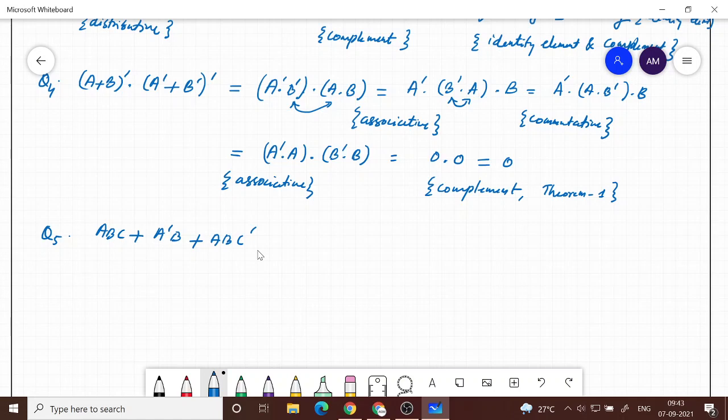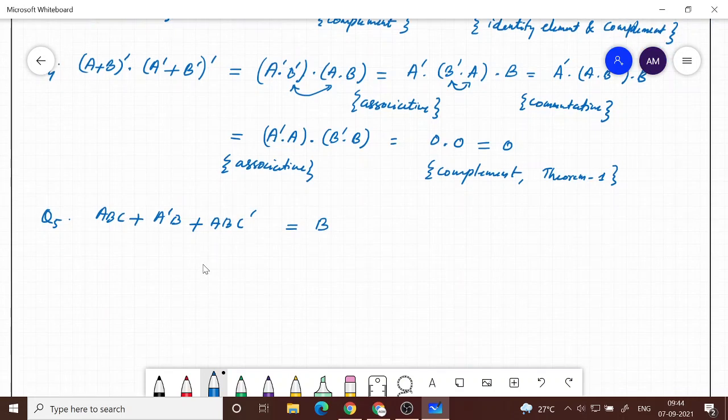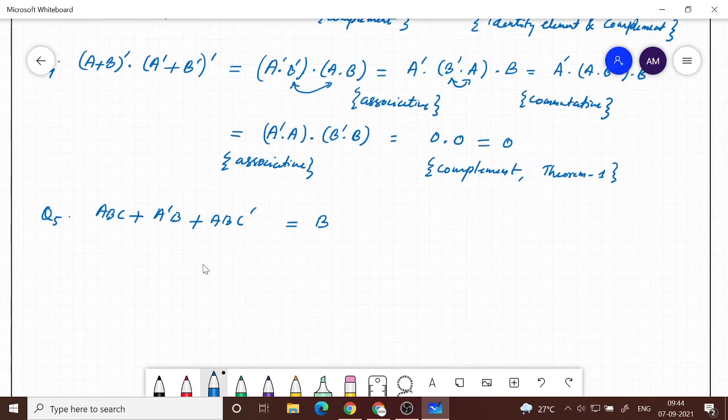Okay, so show that this is equal to b. Show that ABC plus a dash b plus ABC dash is equal to b.